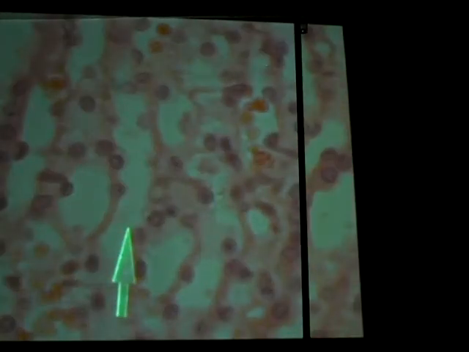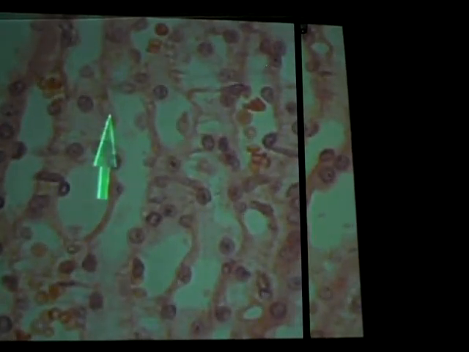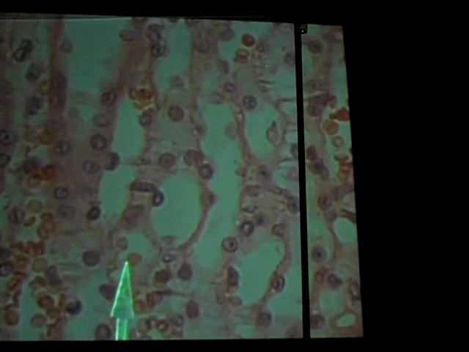But again, you can see a thin loop of Henle here. Once you see that simple squamous epithelium, there's a couple of them here, so it's probably cut across a few of them. Those are found in your medulla.